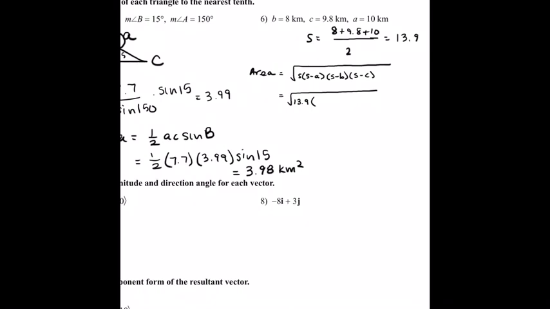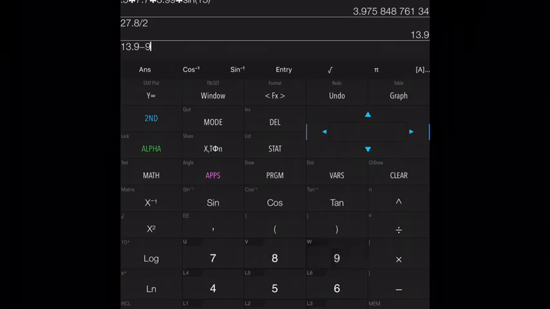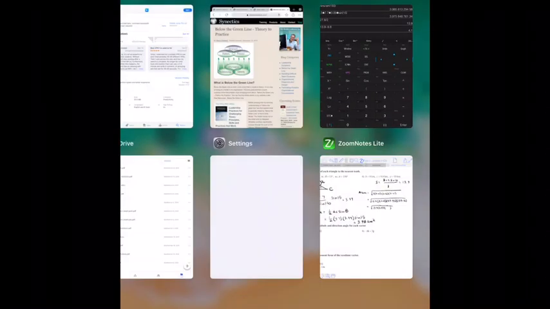So 13.9 minus 8, and then 13.9 minus 9.8, and then 13.9 minus 10. 13.9 subtract 8 is 5.9. 13.9 minus 9.8 is 4.1.